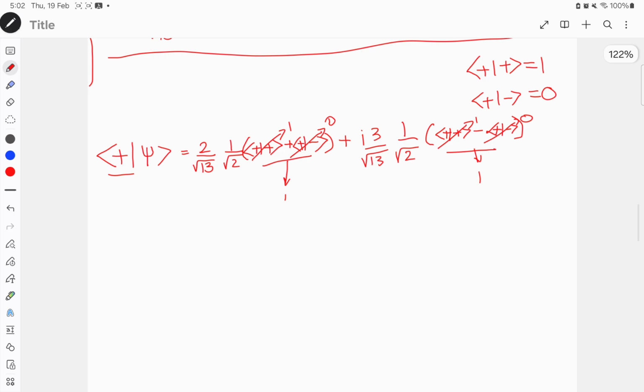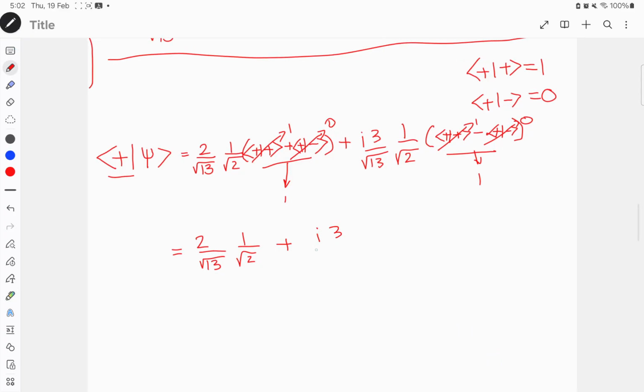So what we will have, 2 over root 13 multiplied by 1 over root 2, plus 1 multiplied by 1, plus 3i over root 13 multiplied by root 2 multiplied by 1.